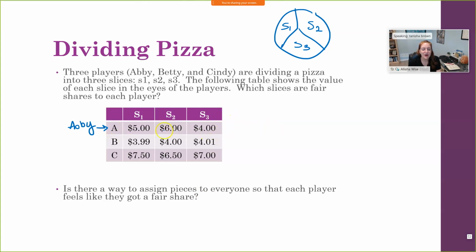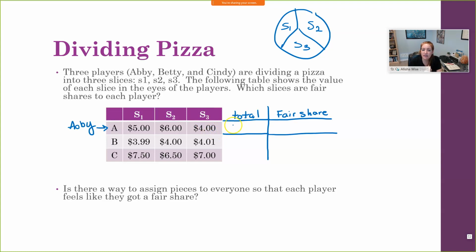So what we need to do when we have a dollar amount is find the total for that player, and then figure out what would be a fair share for that player. Let's start with Abby. We need to add up these values. So 5 plus 6 plus 4 is going to be 11. Or I'm sorry, 15. $15.